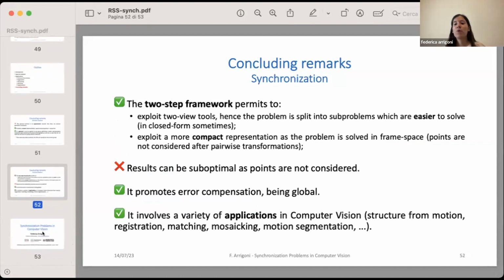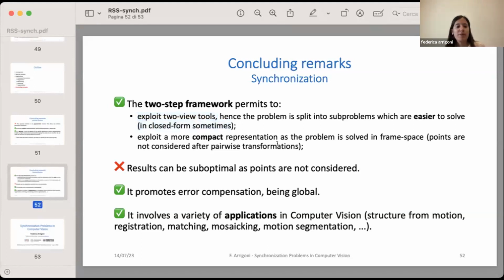Concerning synchronization more in general, we have seen that this is a two-step framework, and this permits to exploit two-view tools. And hence the problem is split into sub-problems that involve only two images, two point clouds, and so on. And these sub-problems are easier to solve, and sometimes we even have closed-form solutions.